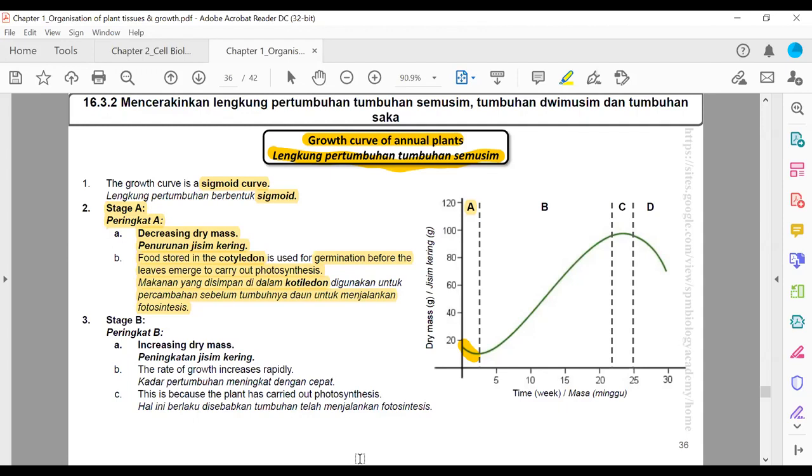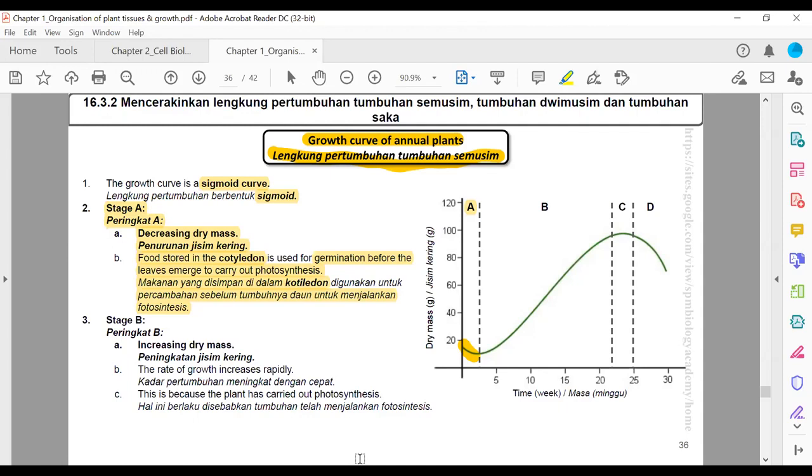So when they grow, during germination, they use the nutrients from the cotyledon to generate energy and so on. So because they use the nutrients from the cotyledon, the mass of the cotyledon will decrease. Jisim cotyledon akan berkurangan.